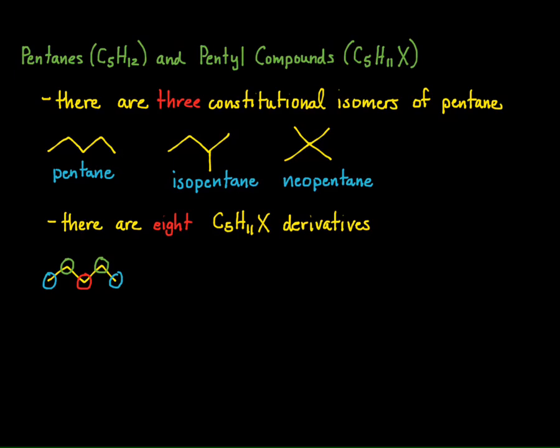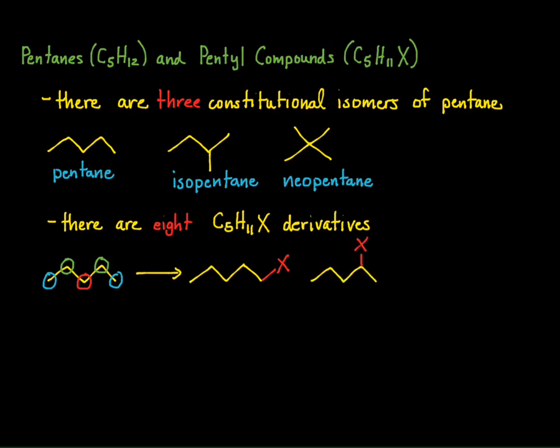The result is that since I have 3 different types of carbons, I have 3 different derivatives of pentane, right? One in which I substitute X for a hydrogen on one of the methyl groups. So notice I could do it on the one on the right, like I'm showing, or I could substitute one of the hydrogens on the left. I'd get the same thing.